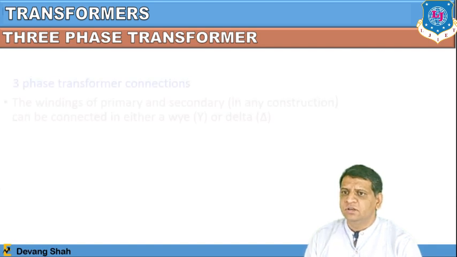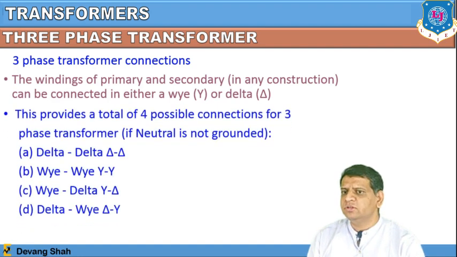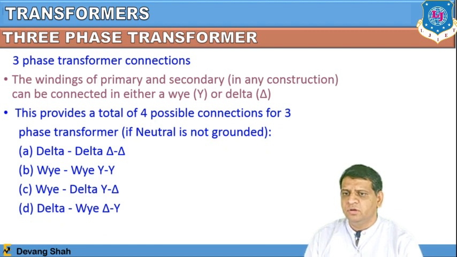Now you can see in the three-phase transformer connection, the primary and secondary windings in any construction can be connected either in a star shape, or Y, or a delta shape. So there are four combinations in the construction of the windings of a three-phase transformer. Case number 1 is delta and delta, that means the primary winding is delta and the secondary winding is also delta.